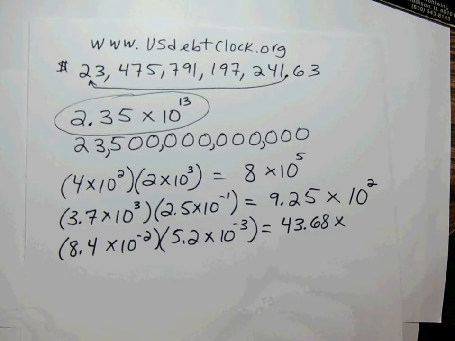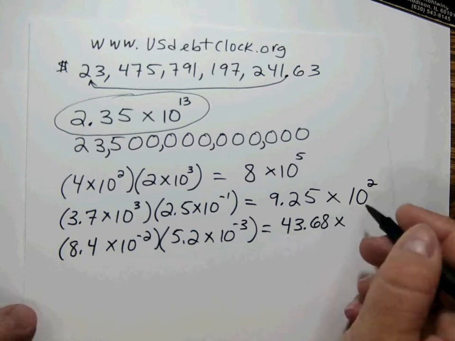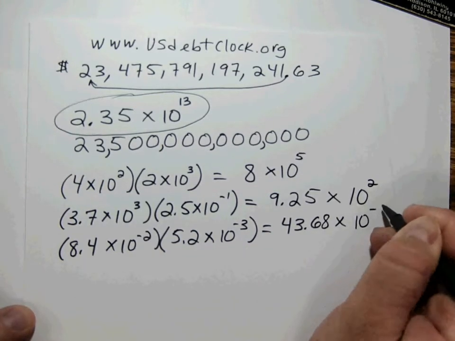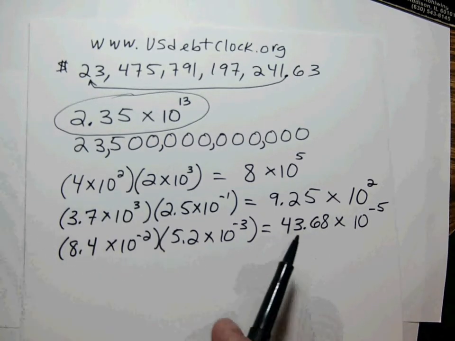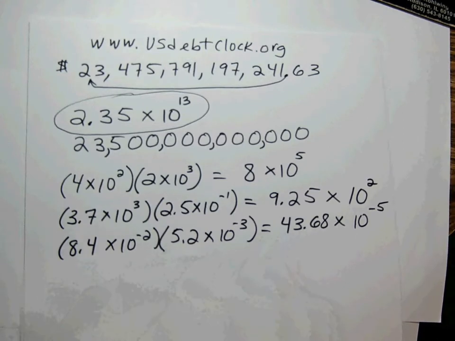And when I multiply my powers of 10 there, 10 to the negative 2 times 10 to the negative 3, I add the exponents together, and I'm going to get 10 to the negative 5. Okay, but the problem here is that I'm not in the correct notation, because I'm only supposed to have one number and then a decimal point, but you see I've got the 43 and then the decimal point. So I need to make a correction.